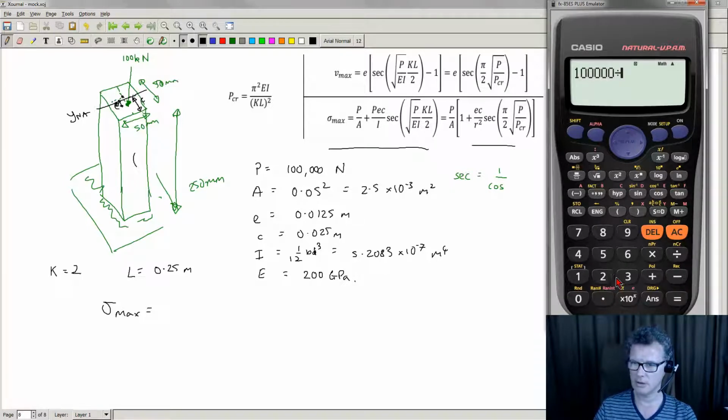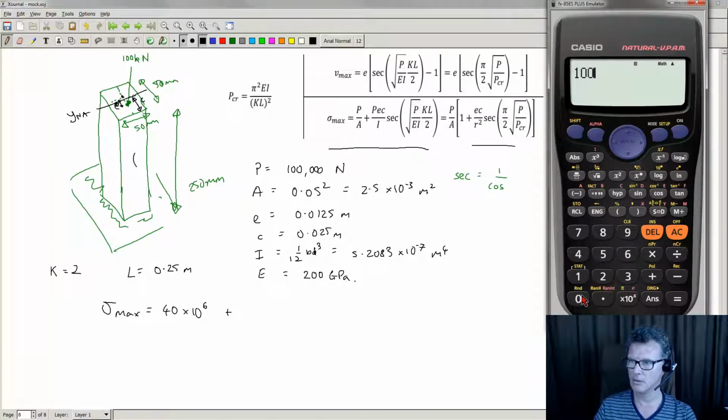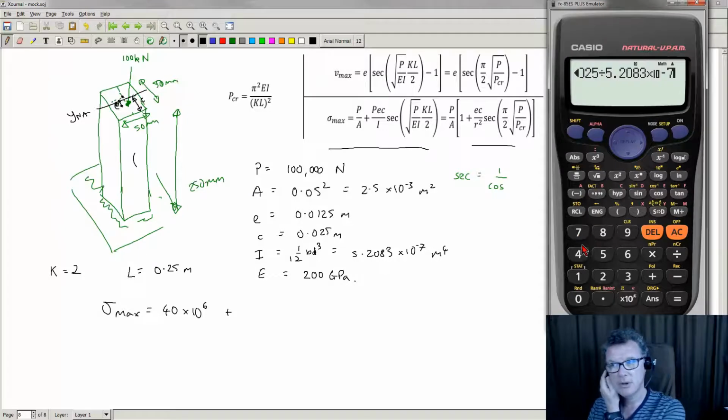100,000 divided by A. So we've got 40 times 10 to the 6 plus times by E 0.0125 times by C 0.025 divided by I, 5.7083 times 10 to the minus 7. Okay, what's that?